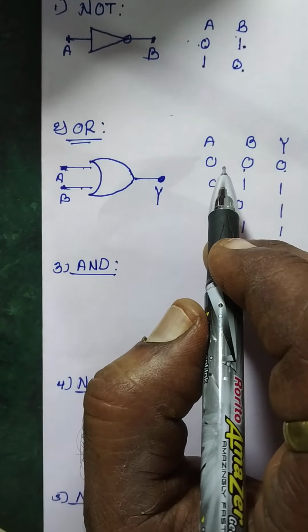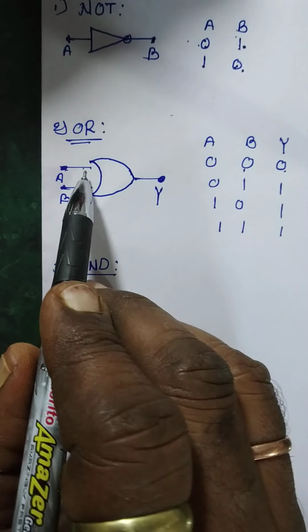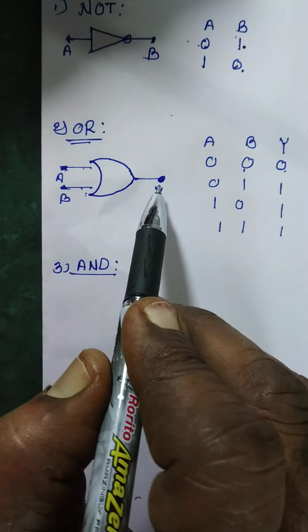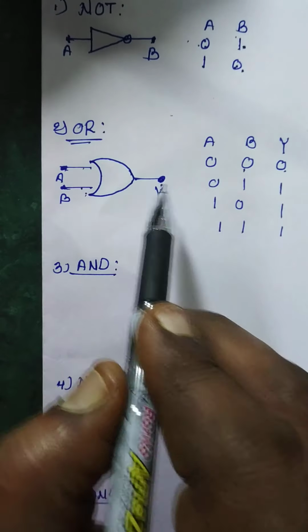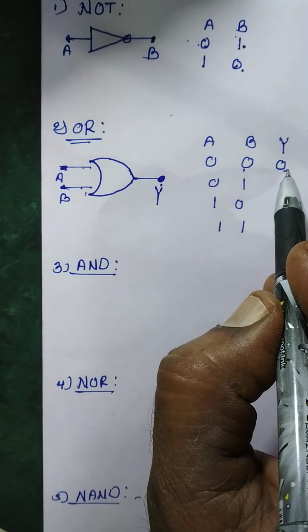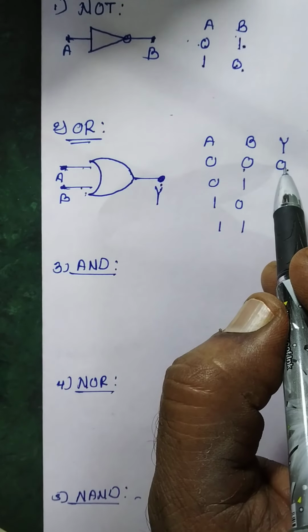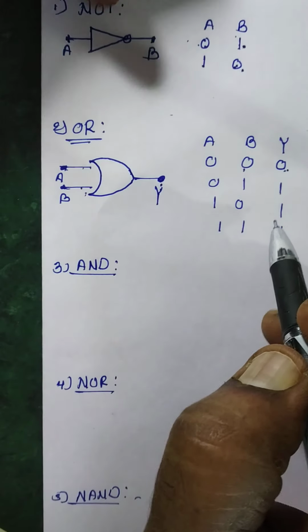A logic gate which has two or more inputs but only one output, such that the output is low only when all inputs are low, otherwise the output is high.